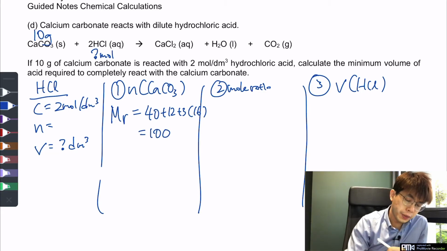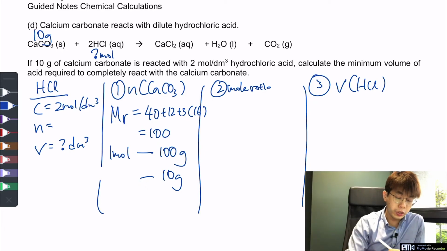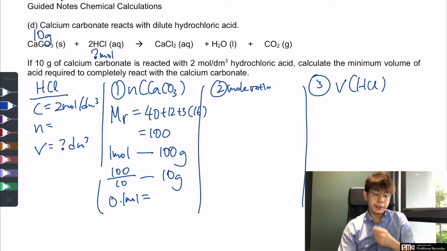What this means is that 1 mole is equivalent to 100 grams. So I have 10 grams here, which is 10 divided by 100, so it's equivalent to 0.1 mole. So I found out that I have 0.1 mole of calcium carbonate.